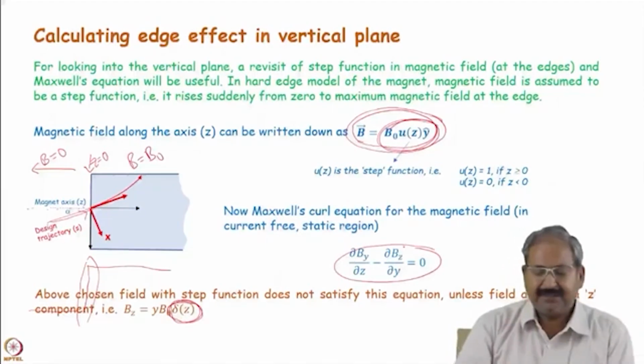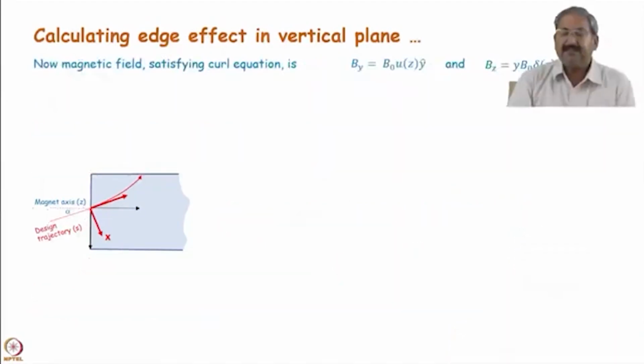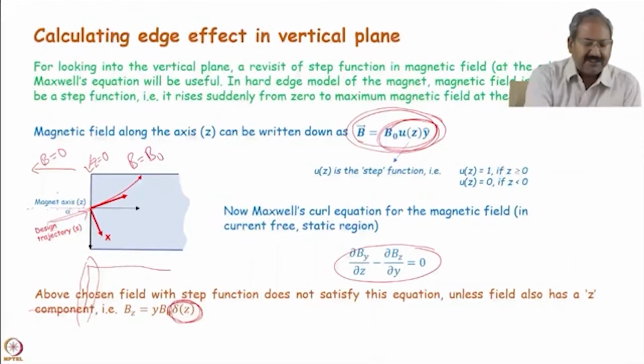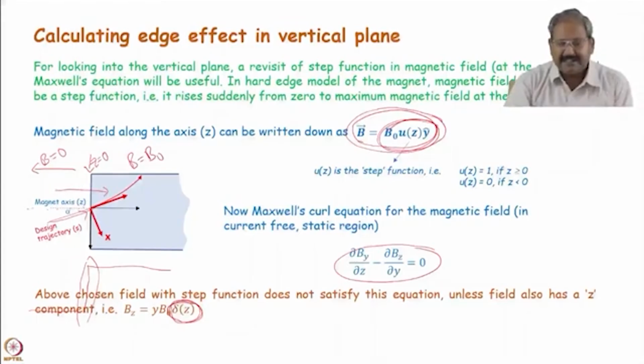Now you can see that Bz, z is in this direction. We were considering only By and taking a step function. Now here we see that if we apply the Maxwell equation, we automatically get a Bz.